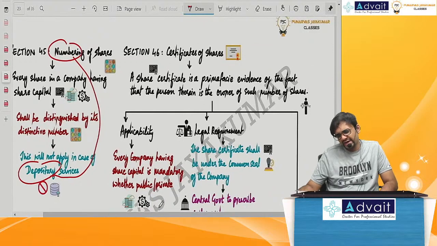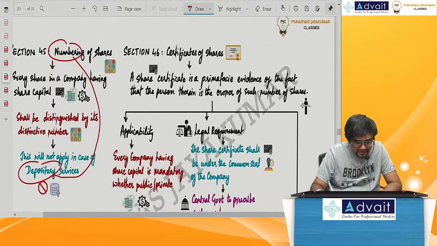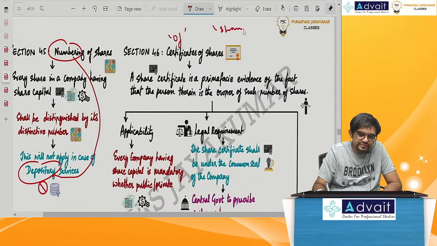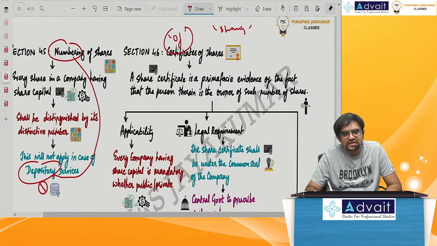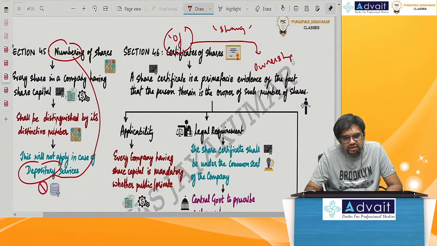Then share certificate. Is the share certificate a document of title or a document showing title? Document of title means it gives you the ownership. It shows that you are the owner, and you can transfer the ownership by changing the document of title.